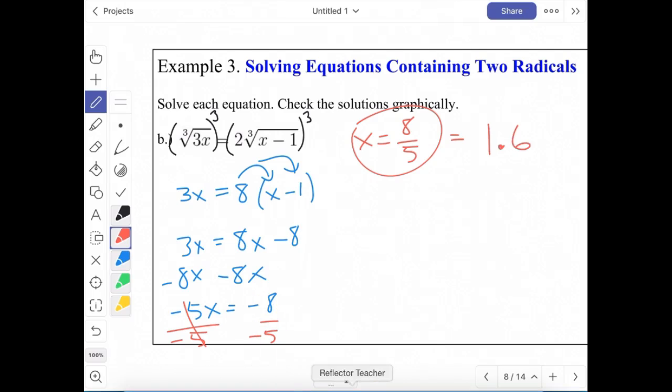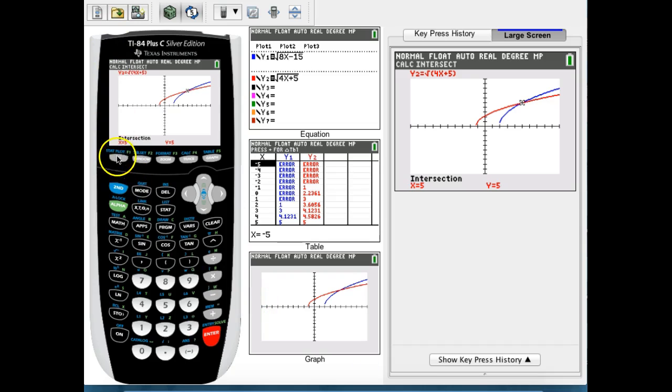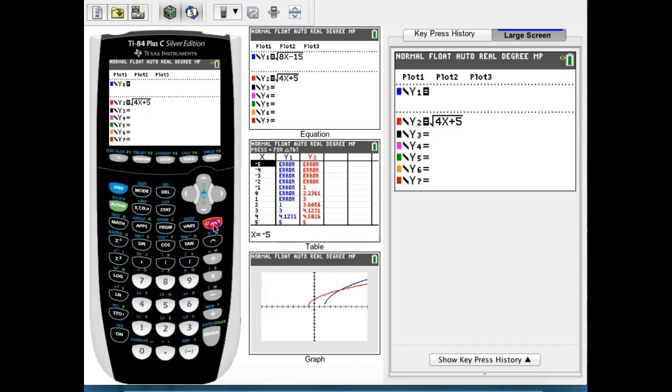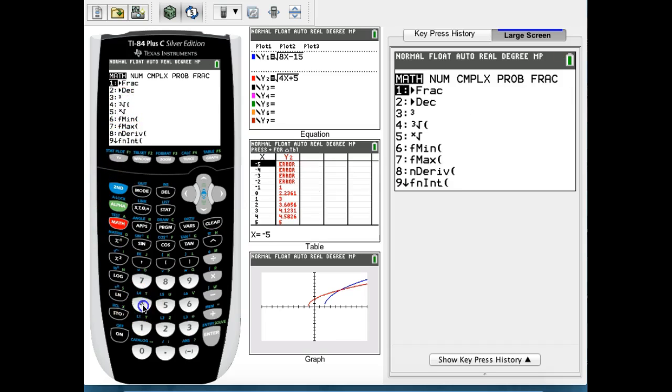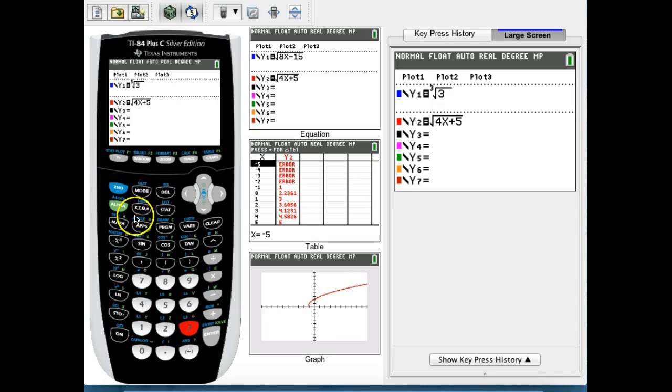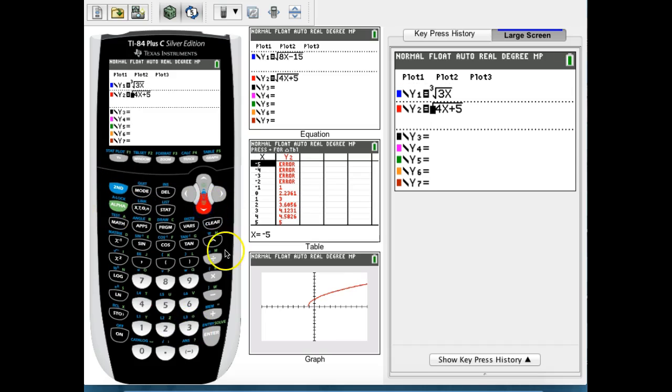Let's see if we get that same thing if we graph. Remember, a cubed root can be in the math menu, fourth option there. So we get 3x. Clear that out. 2 times cubed root of x minus 1.